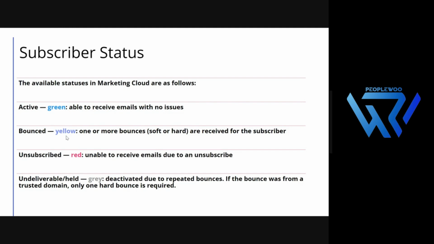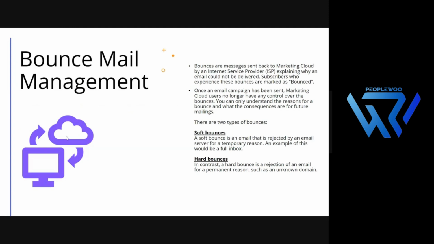But if it is a permanent reason, that the address of his directory is not available, or the domain it is pointing to is blocked, unavailable, or never got created, in that case the reason would be permanent and the undeliverable status would be marked. And a subscriber may receive email if he is active, but he can choose to opt out anytime. He can click on unsubscribe and the status will change to unsubscribed. So guys, there are four different types of statuses in Marketing Cloud all subscribers.